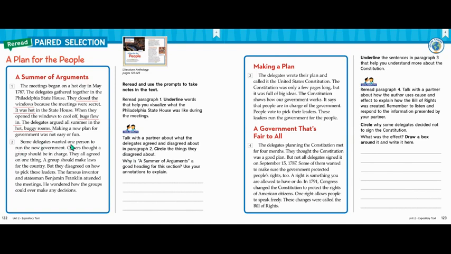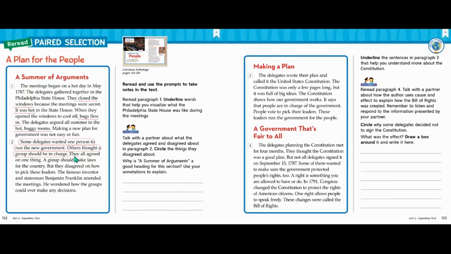Some delegates wanted one person to run the new government. Others thought a group should be in charge. Ooh, I would say that was a disagreement. They're not on the same page here. They don't want the same thing. They want different things. So that is a disagreement.